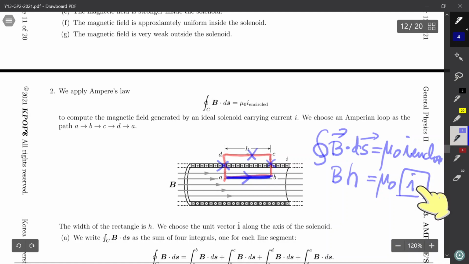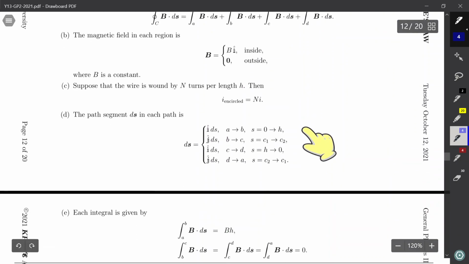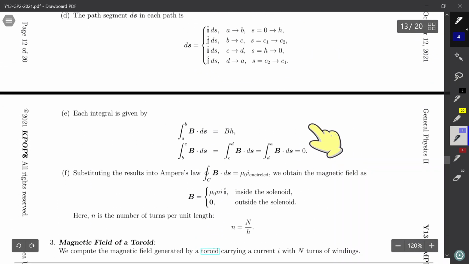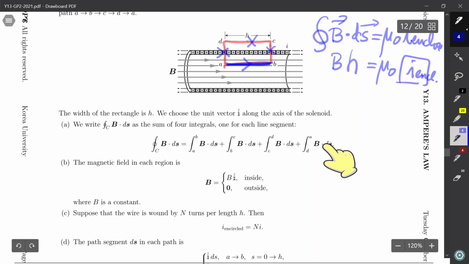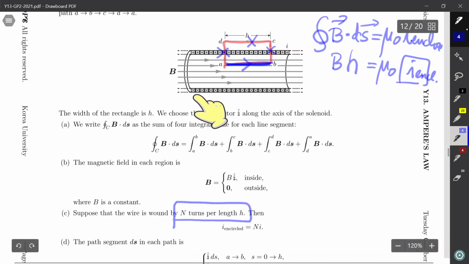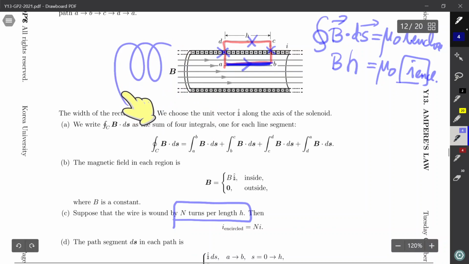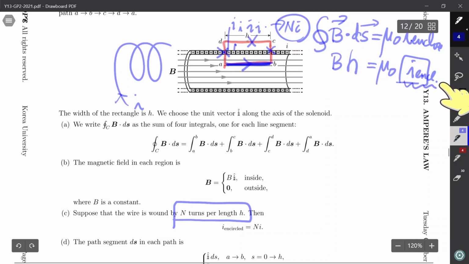And what is I enclosed? N turns per length h. Because the wire has current I, it's coming out, going into. N turns per length h. So this is I. So there are N I's. N times I is the I enclosed.